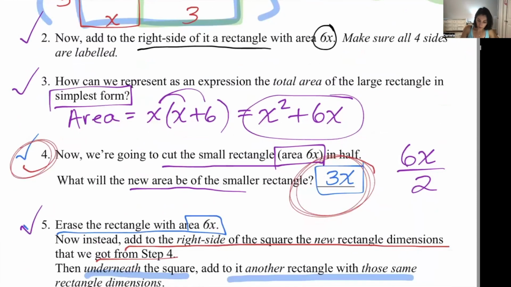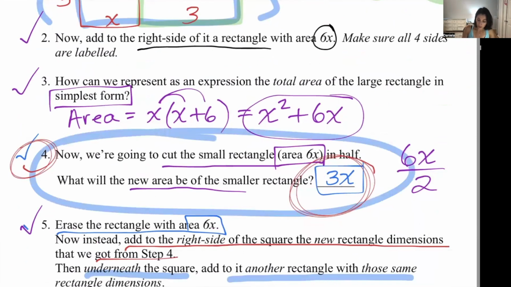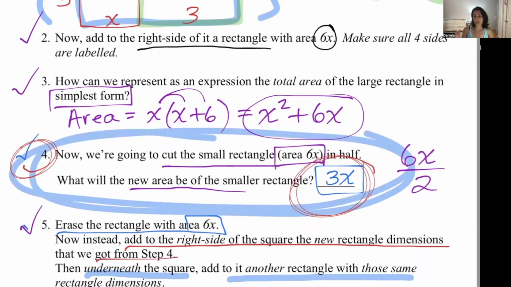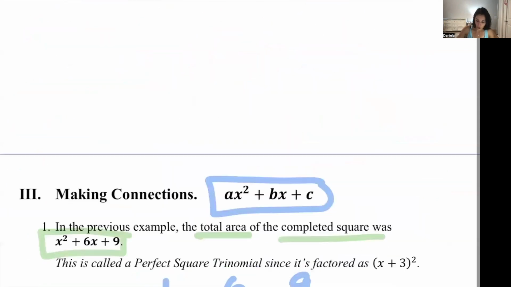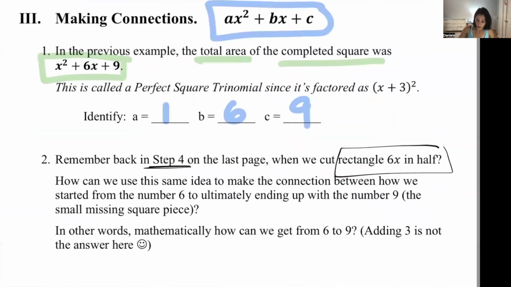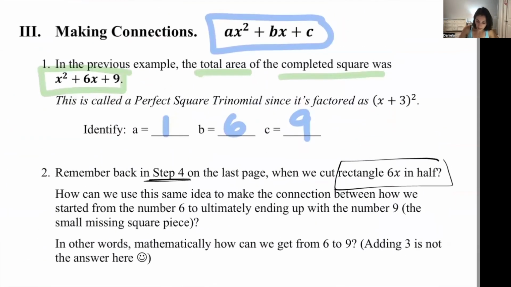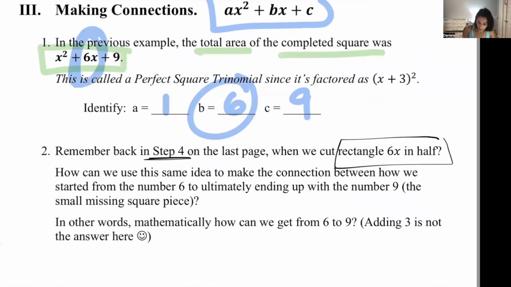So remember right over here in this step, we took the rectangle 6x, the area, and we cut it in half, okay? So that was the rectangle 6x. So if we take a look here, that was the B value, and we cut it in half, okay? So how can we use the same idea to make the connection between how we started from the number 6? How do we go from 6 to 9, right?